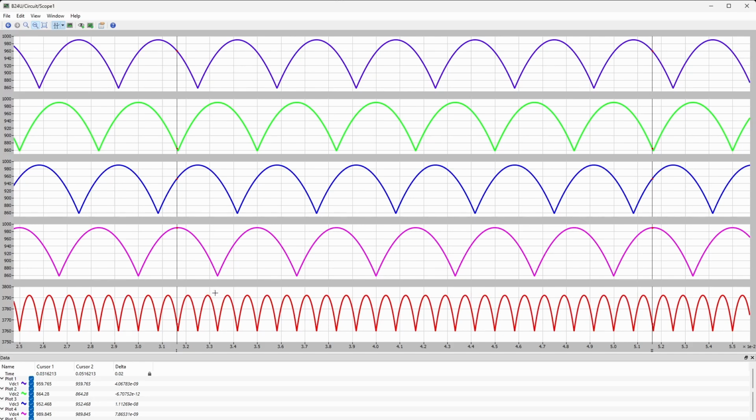So we have 1, 2, 3, 4, 5, 6, 7, 8, 9, 10, 11, 12, 13, 14, 15, 16, 17, 18, 19, 20, 21, 22, 23, and 24. So the idea of multiple pulse, 24 in this case, is working if we have the phase shifting transformers properly set.